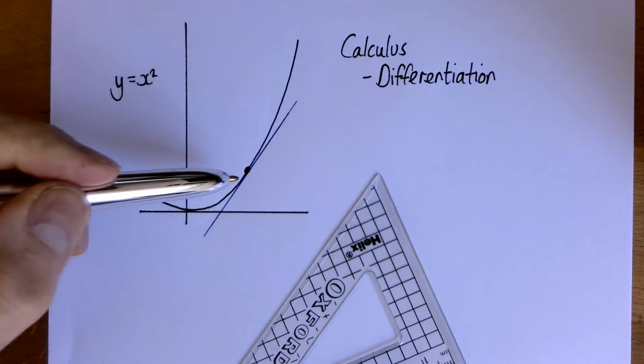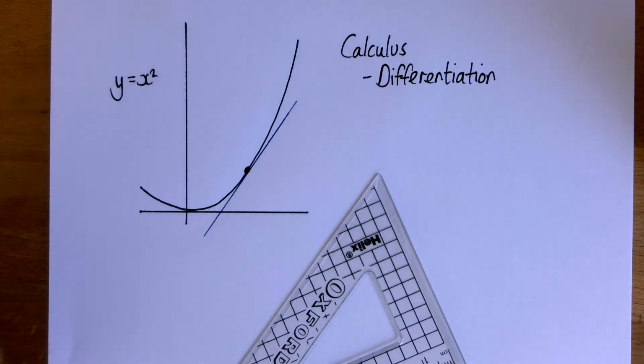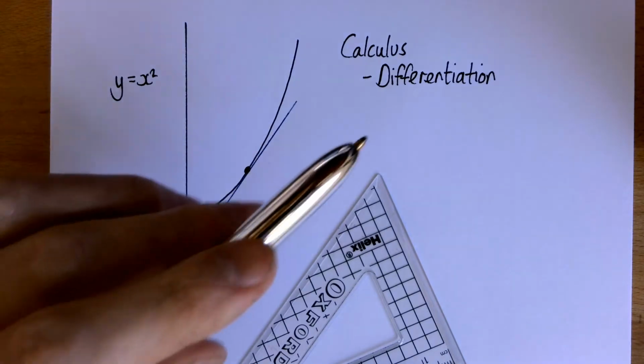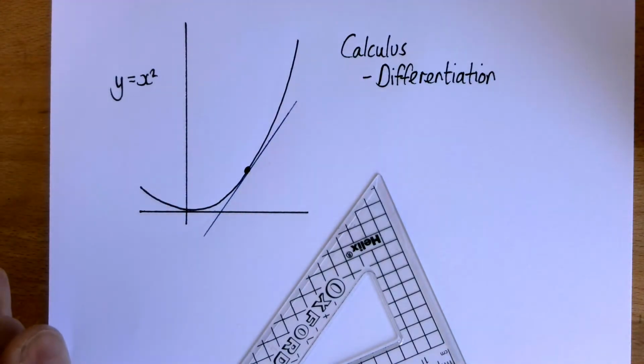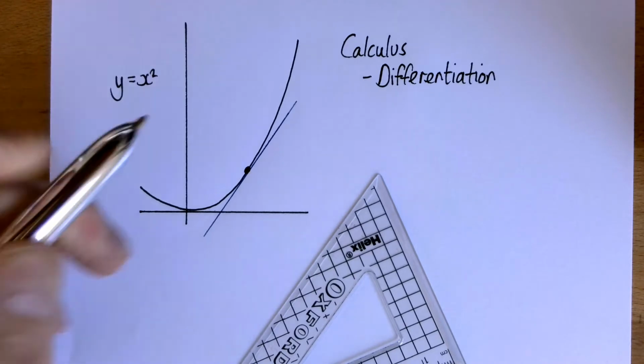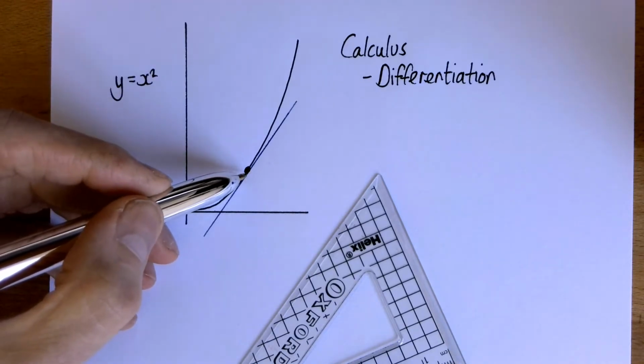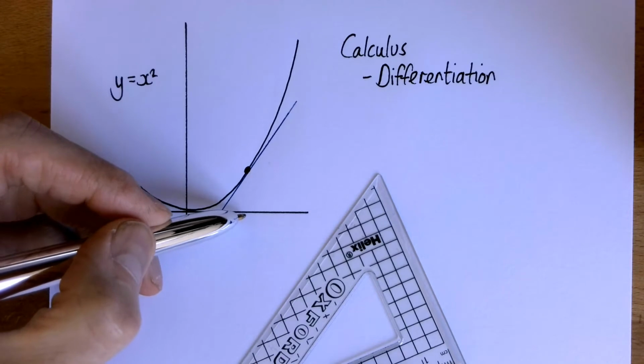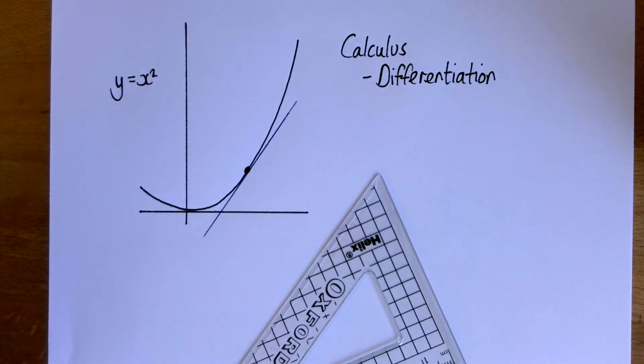You're doing it by eye, and if 3 different people drew the same tangent, you'd probably get 3 slightly different answers. So differentiation allows us to accurately say what the gradient is at any point on the curve. For any value of x, it allows us to work out the gradient.